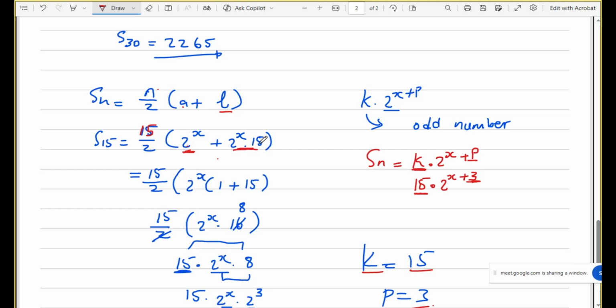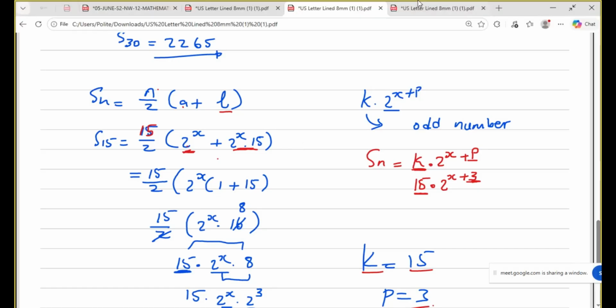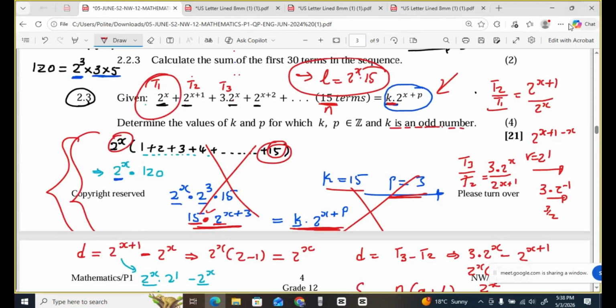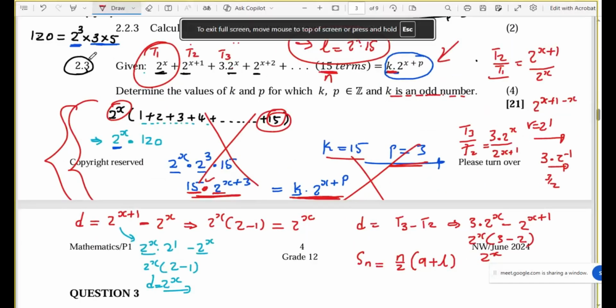No. I thought we were going to put 15 only. So I was confused why did we add 2 to the x as well? Okay, let's go back to the sequence. Look at this now. When I have something like this, let me just write this like this.